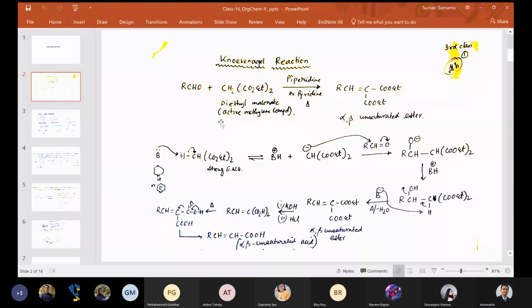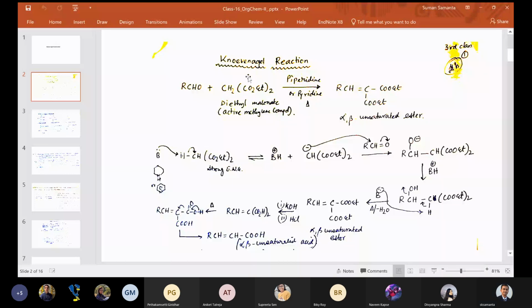It is diethyl malonate: a malonic acid with two ethyl esters. CH2 is the methylene group, and these two protons are so highly acidic that they can be easily picked up, which is why it is called an active methylene compound.